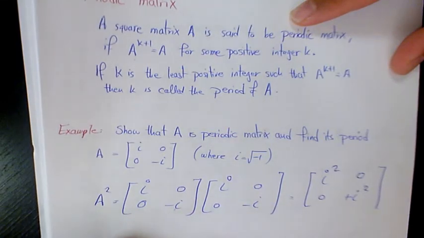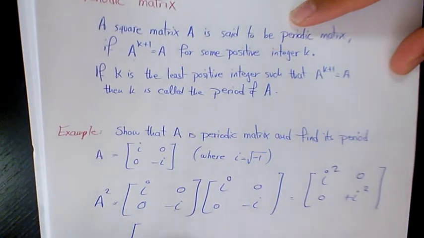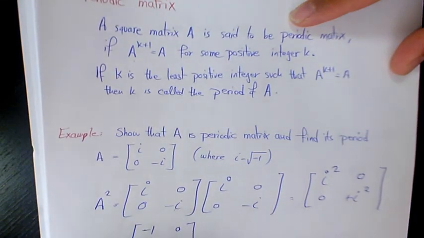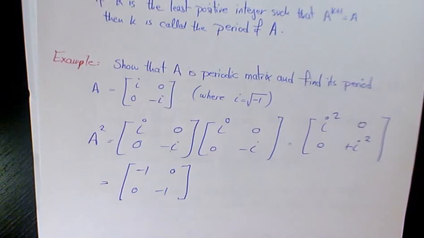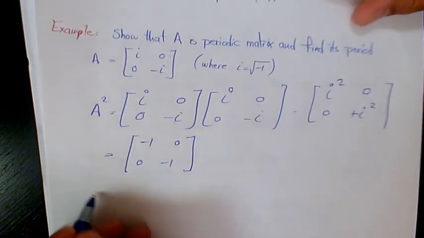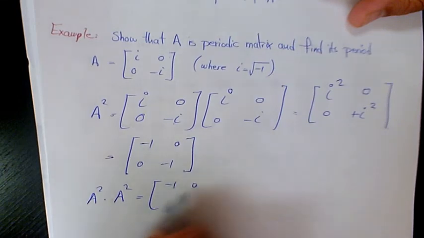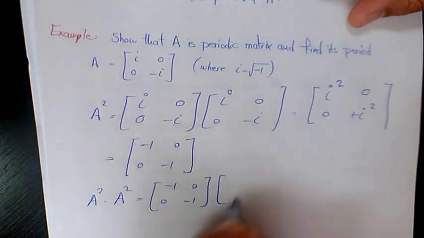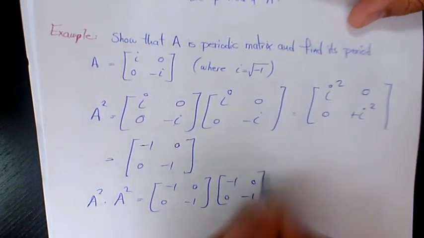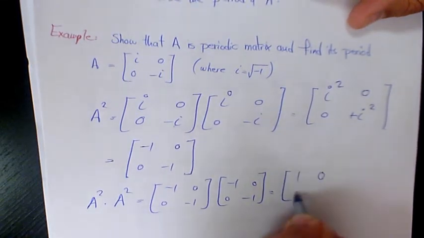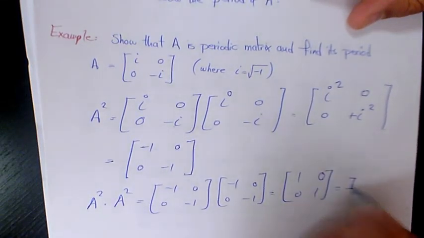So that will make it negative 1, 0, 0, negative 1. Now if we multiply A squared by A squared, you're going to get negative 1, 0, 0, negative 1 multiplied by negative 1, 0, 0, negative 1. That's going to give you 1, 0, 0, 1, which is I.